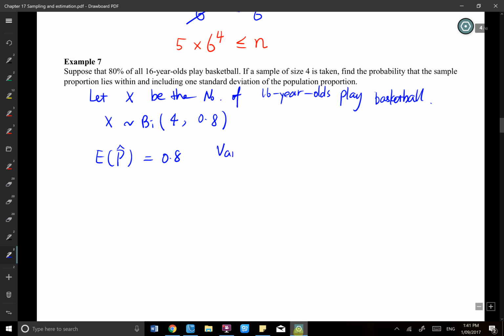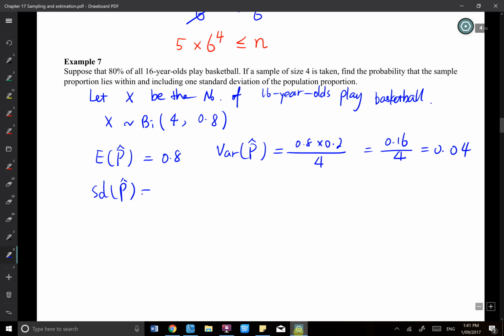The variance of P hat is 0.8 times 0.2 over 4. Okay, that's 0.16 over 4. That's 0.04. Then SD of P hat, that's part 1 exam, square root of 0.04, that's 0.2.